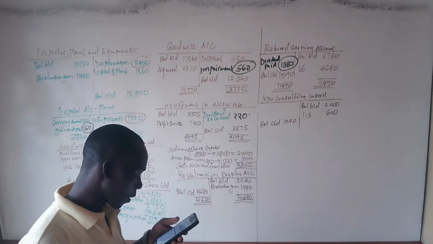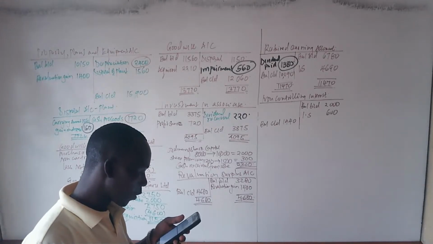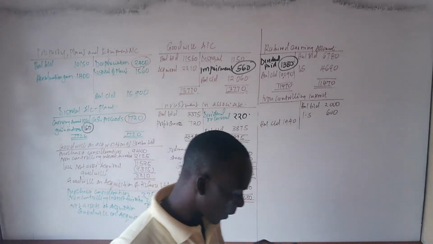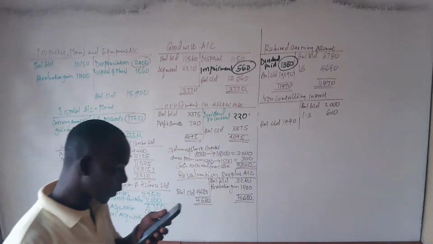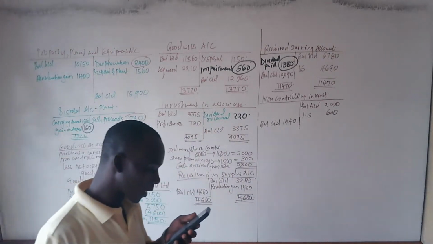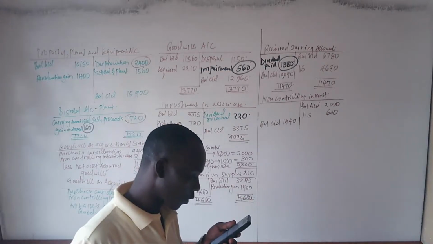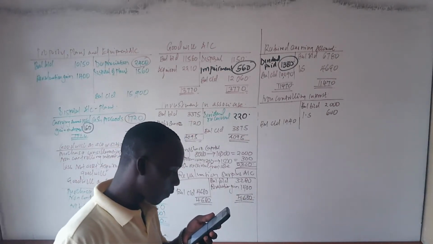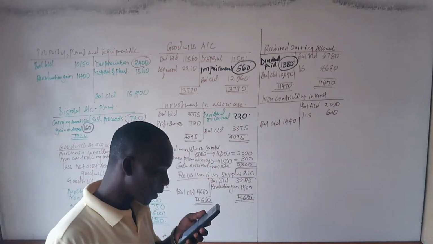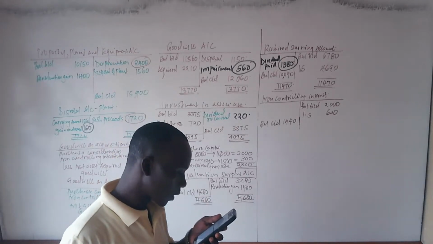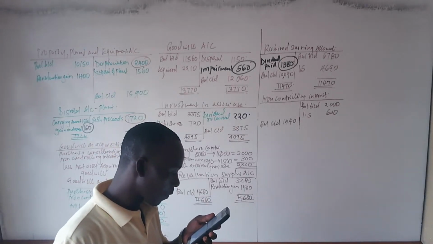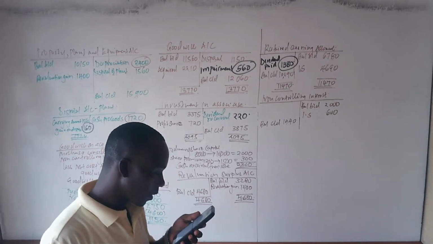Let us hear what they say for C. During the year, number 3, during the year ended 30th September 2024, Ndovu Limited also disposed of its entire 80% ordinary shareholding in Kifaru Limited for cash. This subsidiary was not considered as a separate unit of operation. Kifaru Limited had been acquired several years ago.